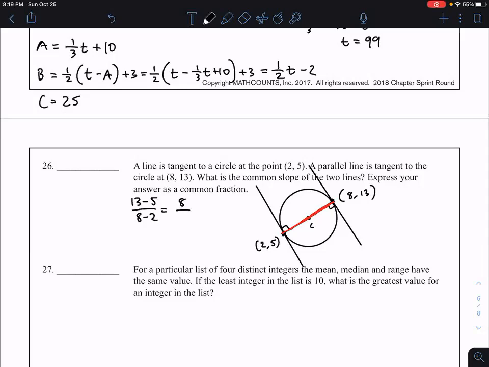That is 6 and 8, which simplifies to 4 over 3. Now that we have the slope of the red line, we can take the negative reciprocal of it to find the slope of these black lines. So the negative reciprocal would be negative 3/4. And that is your answer.